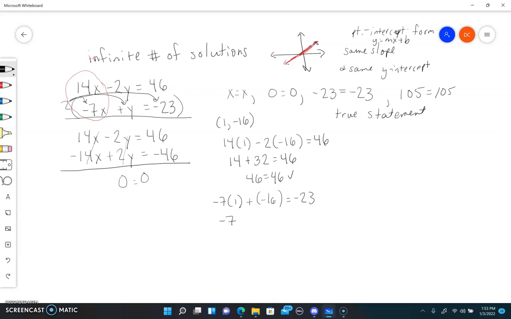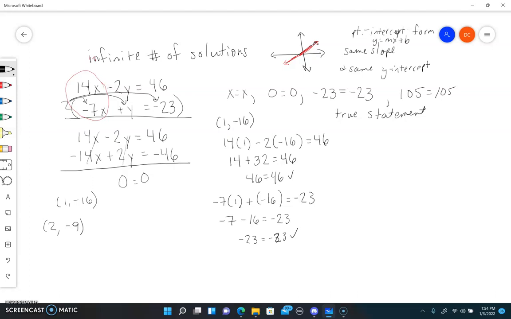So I would get negative 7 minus 16, does that equal negative 23? Yes, it does, right? So that point of 1, negative 16 works in both of these equations, and any point that works in either equation will work in the other, right? So another point that works in one equation is 2, negative 9.